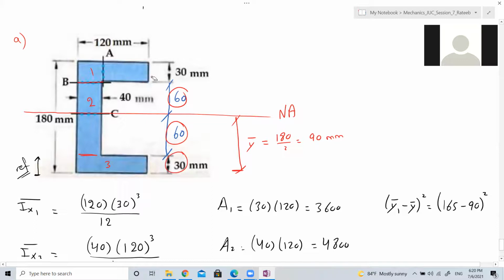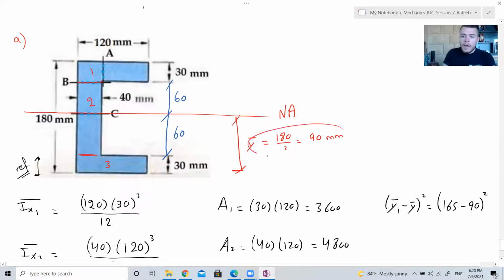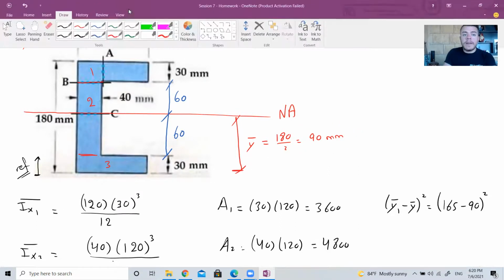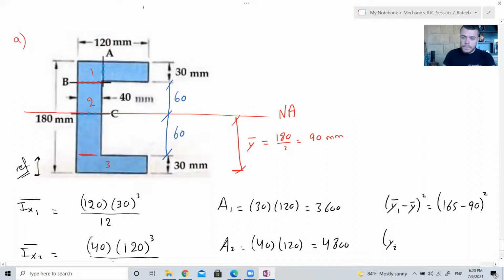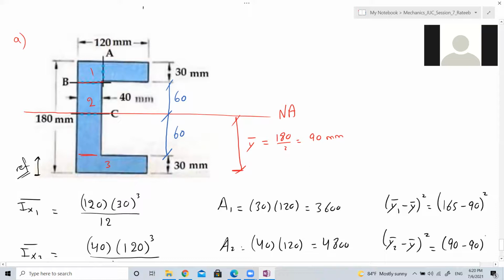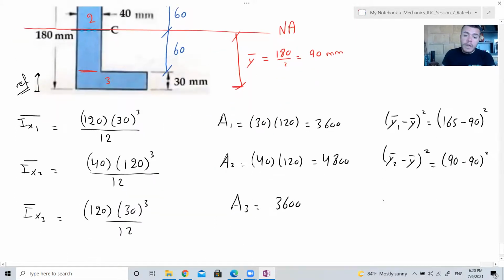Okay. What is y2 bar? 30 plus 60, which means 90. And what's y3 bar?